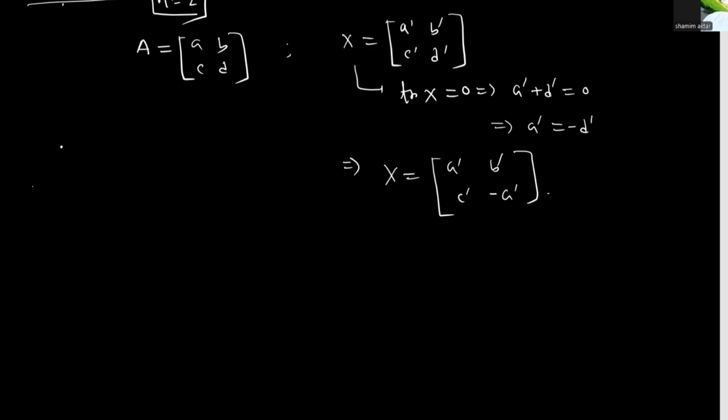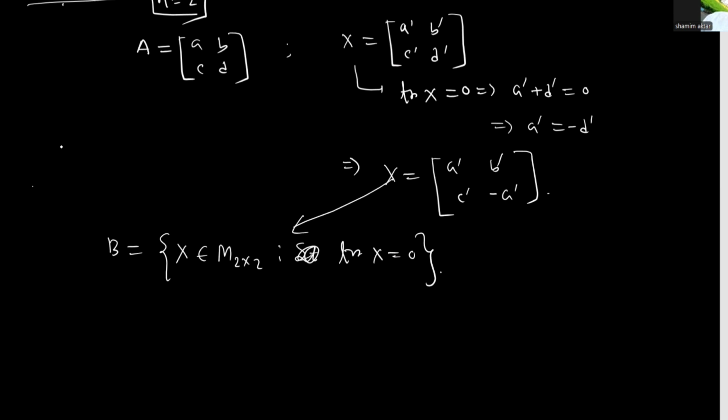Suppose B equals the set of all matrices X of this type, 2 cross 2, such that trace of X equals 0.